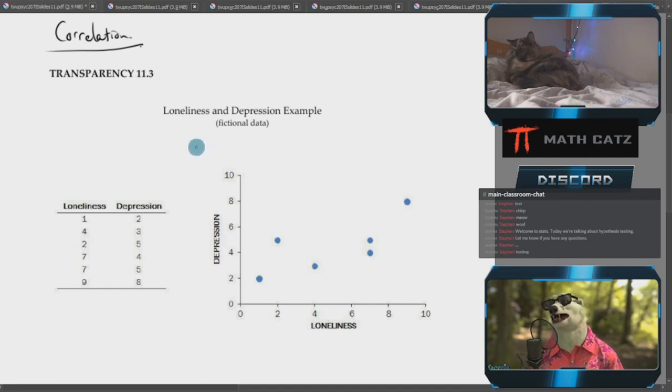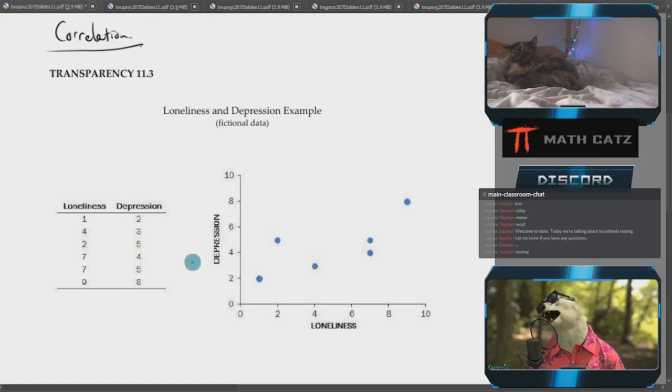So we have a rating system of each one, a loneliness rating and a depression rating. And we have our sample of 1, 2, 3, 4, 5, 6 people that were surveyed in this study, and they rated their loneliness and their depression separately like this.